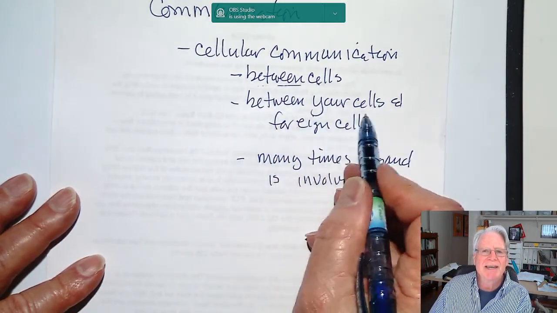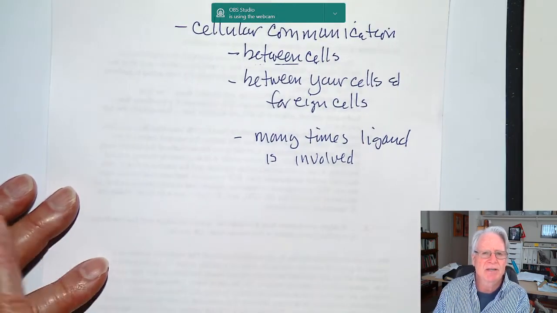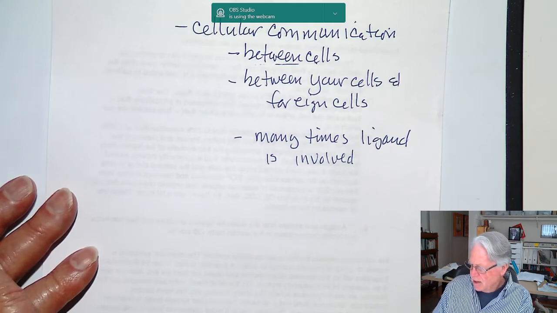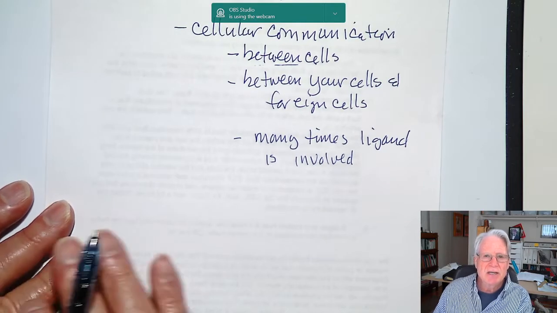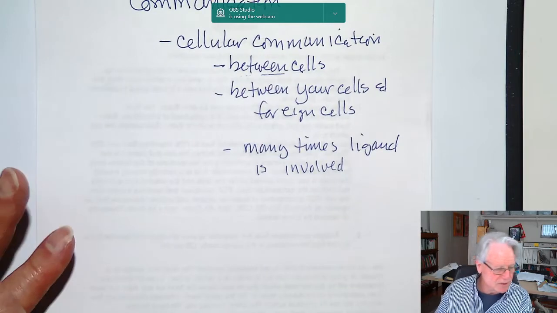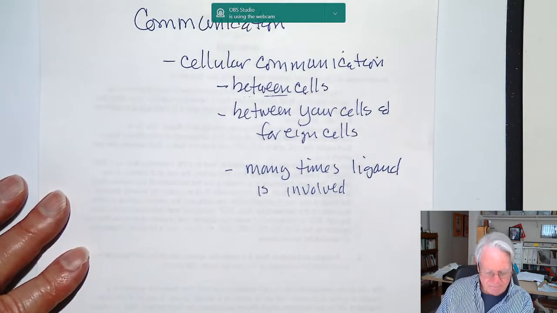We don't need ligands for your immune system to identify and communicate and attack foreign cells in your body. Okay, and so we talked about this when we looked at the different types of proteins, and you should probably go back and review the different types of proteins and try to figure out which one of those fit into this category. It's not that difficult.